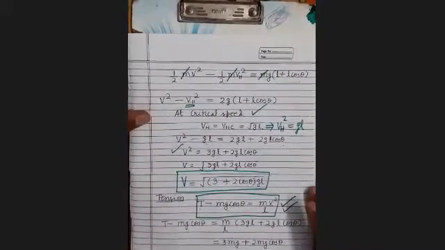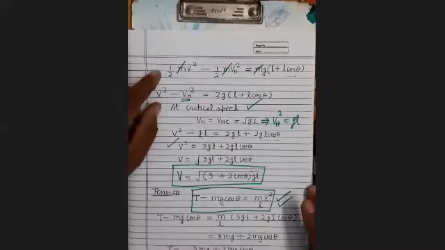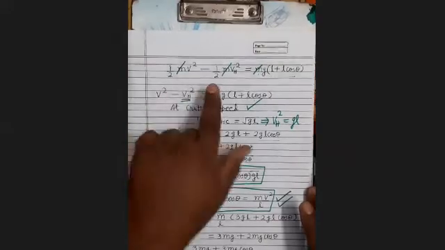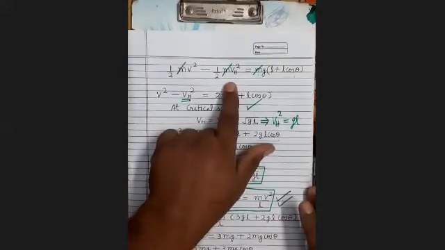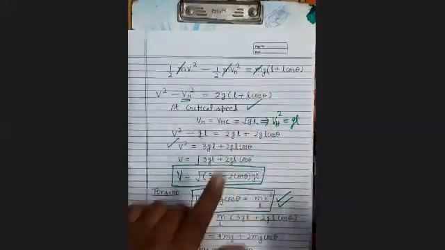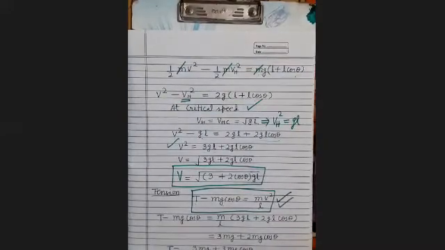Now see here once again. What is the decrease in kinetic energy? 1 upon 2 m v square minus half m vh square equals the increase in potential energy, m into g into h. How much is h? It has ascended by the height L plus L cos theta.